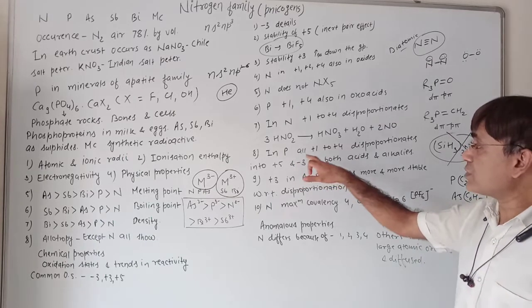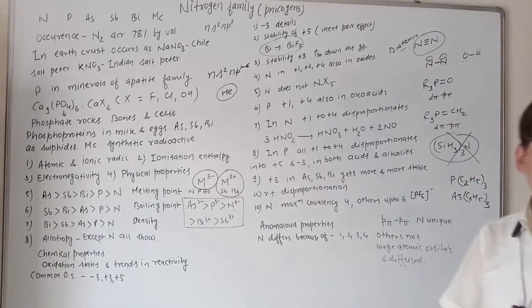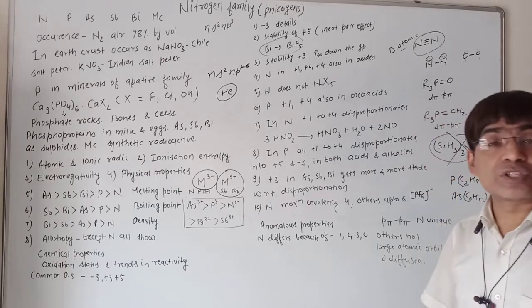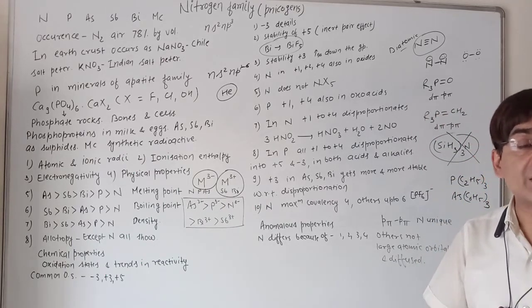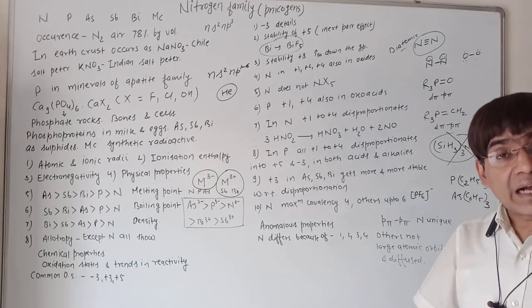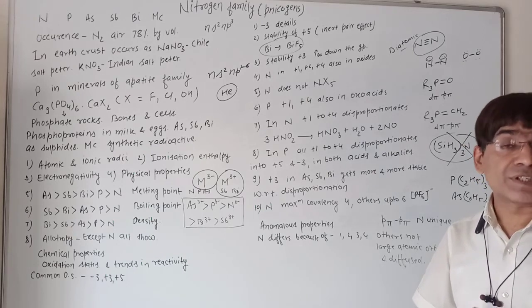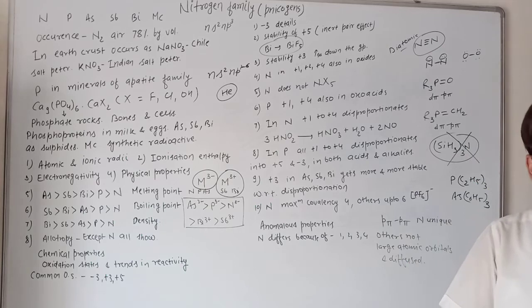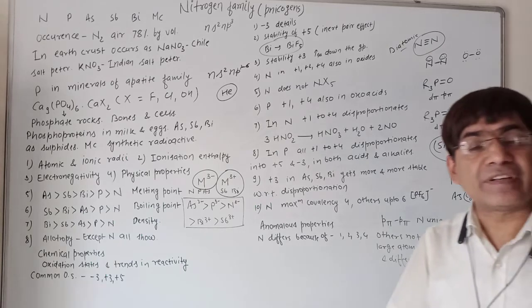Then for phosphorus, the compounds of phosphorus in oxidation states of +1 to +4 also undergo disproportionation, both in acidic as well as in basic medium. When they undergo disproportionation, the oxidation states they enter are +5 and -3.